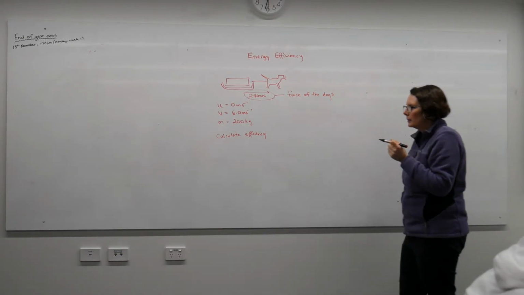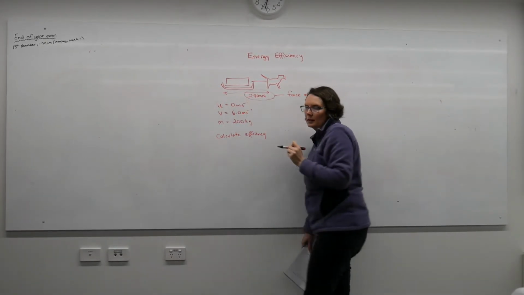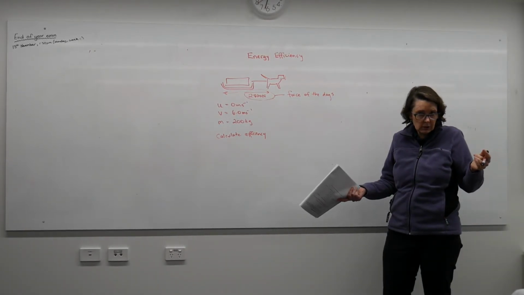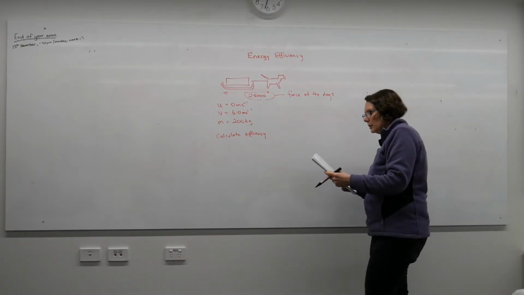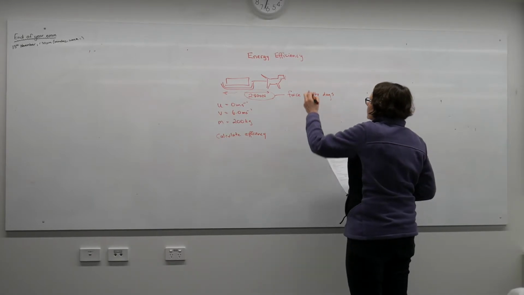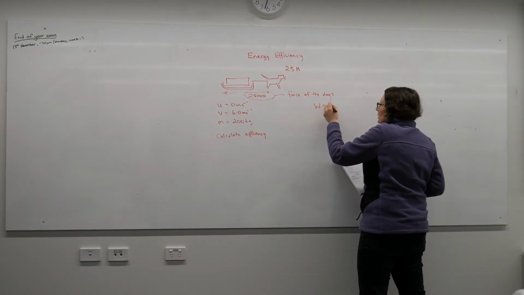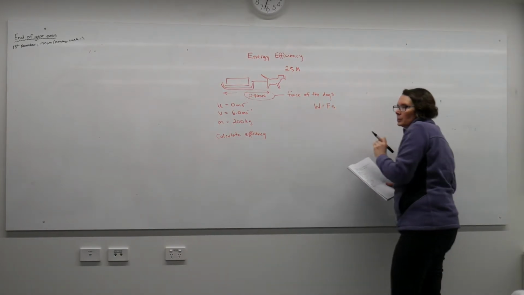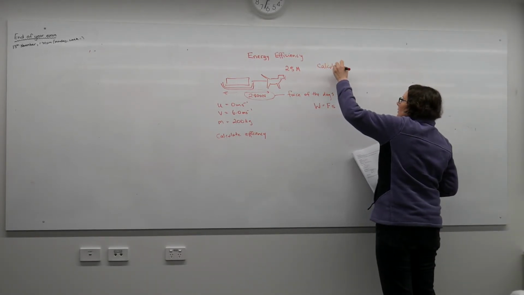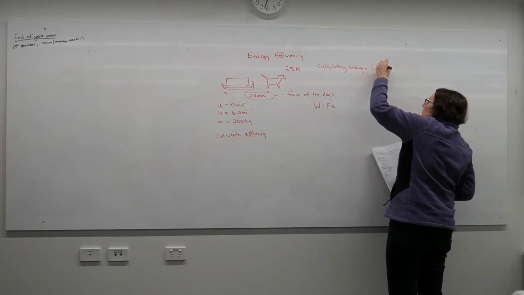We know that the mass and acceleration of the sled is going to be in the opposite direction, isn't it? And so that's what we need to find out. Firstly, the distance is 25 meters. So work is equal to force times displacement, because we're calculating energy, which is in joules.